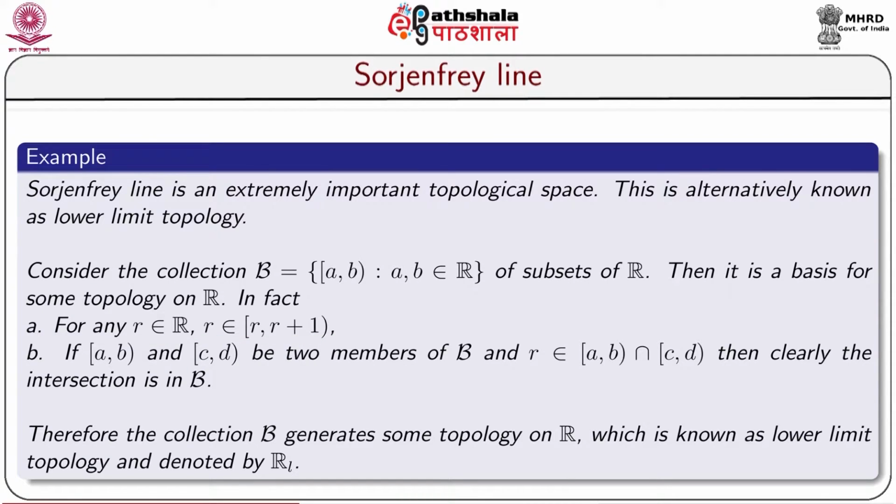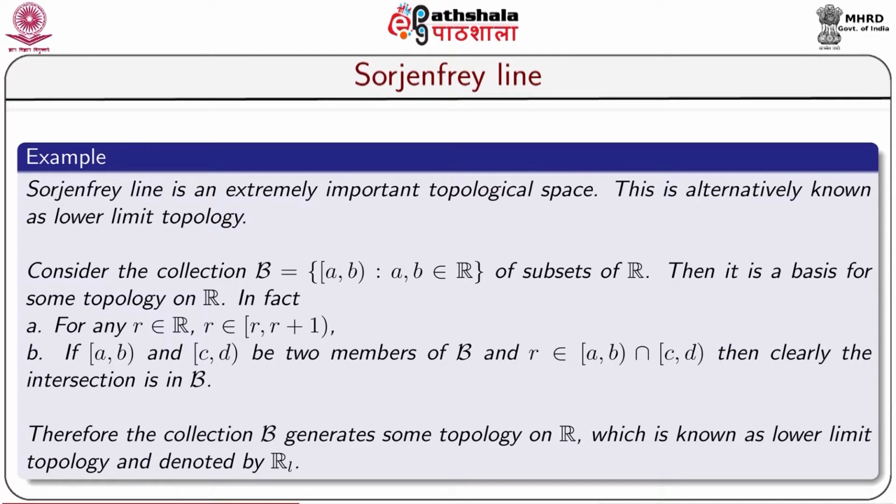Now, if [a,b) and [c,d) are two members of script B, that means two semi-open intervals, and r belongs to their intersection, then clearly their intersection is in script B. So, script B is a basis for some topology on R. This topology is called the Sorgenfrey topology, and with this topology R is called the Sorgenfrey line, generally denoted by R_L.